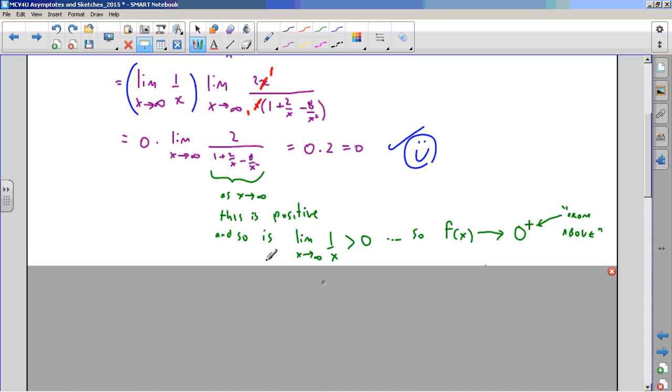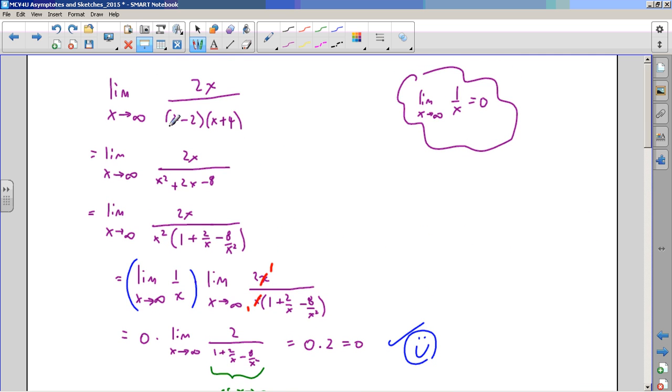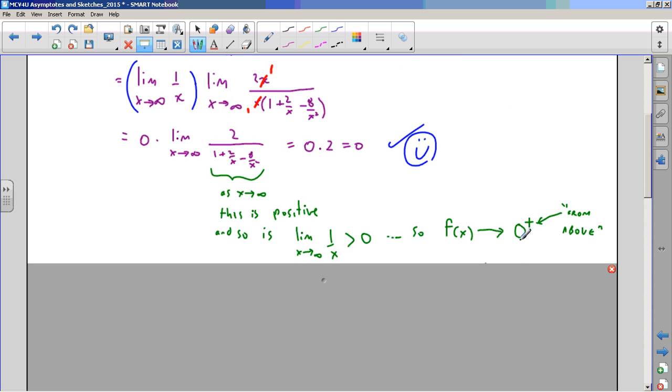And notice, since x is going to positive infinity, 1 over x is a small positive number. It's going to 0, but it's still positive. So I have a positive number times a positive number, and so I know that the entire function, f at x, is going to 0. Yeah, we knew that in functions class, but I also know that it's going to go to 0 from above.